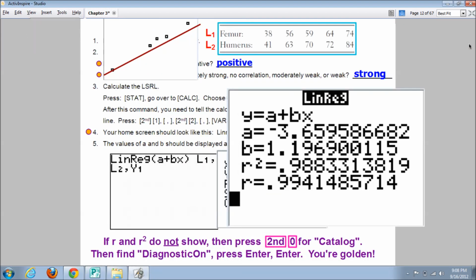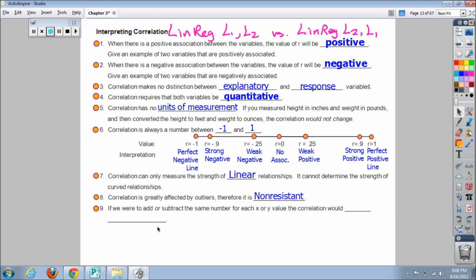Now let's flip back. If we were to add or subtract the same number for each x or y value, the correlation would not change, just like the standard deviation wouldn't change if you added or subtracted the same number for all your values. So correlation in that way is just like standard deviation, just like your measures of spread.